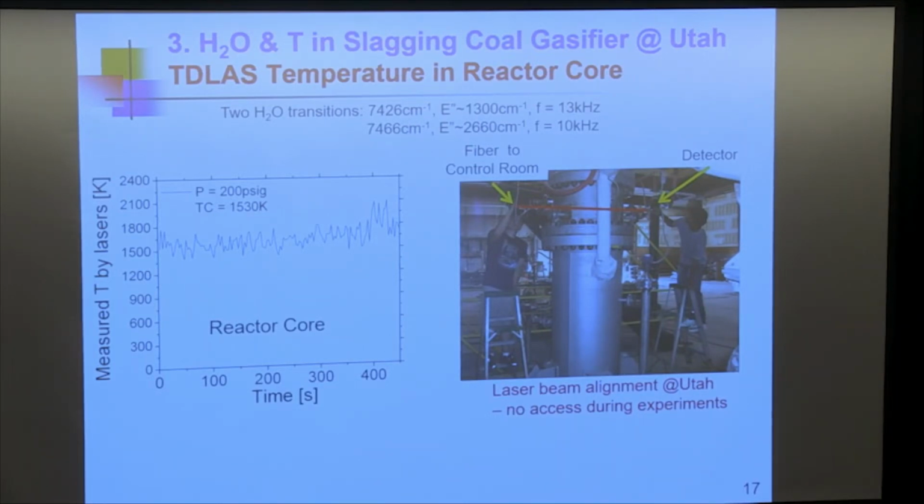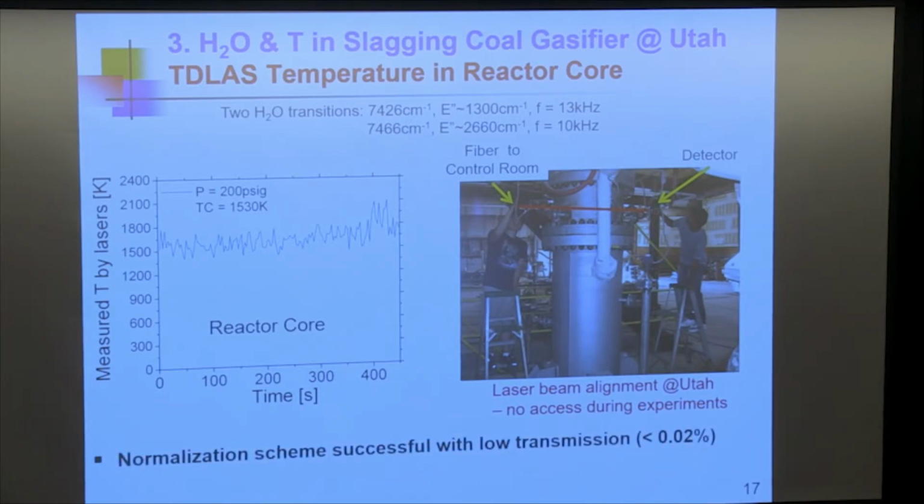And runs would go for many hours, so this is just an example of 400 seconds. And you see fluctuations. Of course, the first thing you assume is, well, something's wrong with my sensor, it's got some noise problem. But it's quite possible, in fact likely, that these are real temperature fluctuations occurring in devices like this.